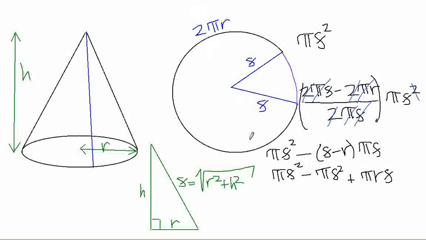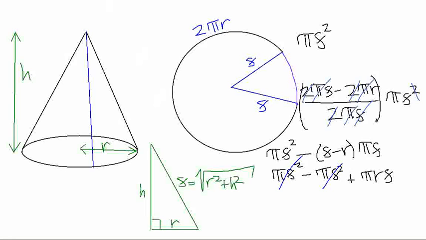So the first two terms cancel, and I'm left with pi r s. And I add that to the area of the circle, and that gives my surface area formula for a cone.